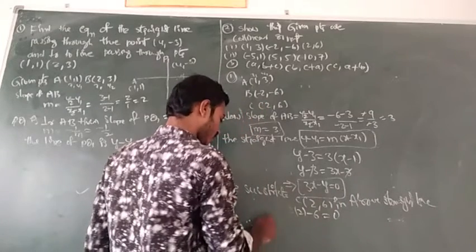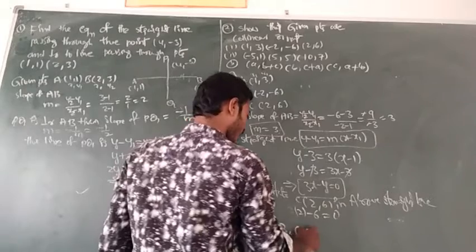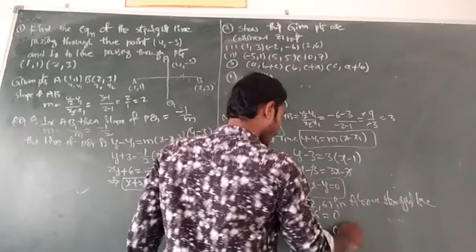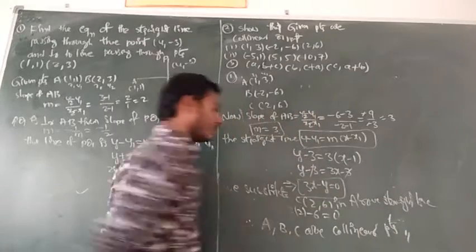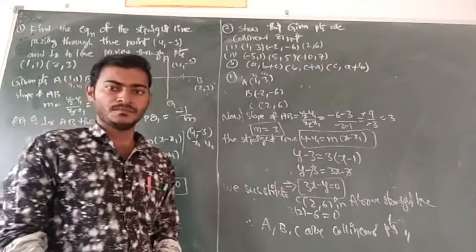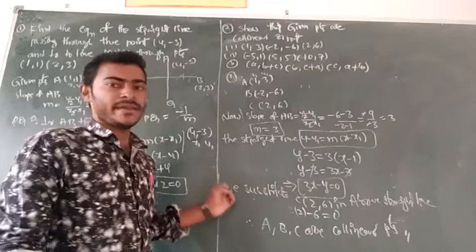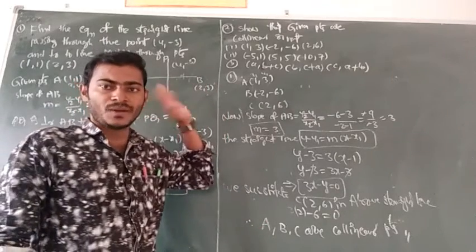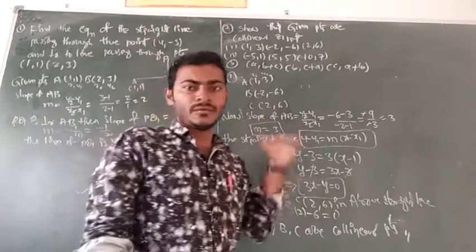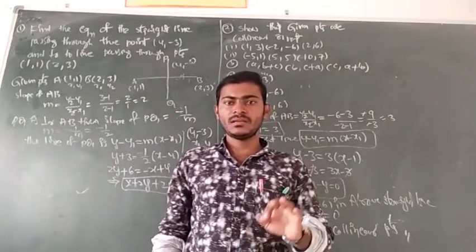Therefore A, B, C are collinear points. Now by using the same concept, you have to do the remaining two problems. Now here we completed exercise 3A.